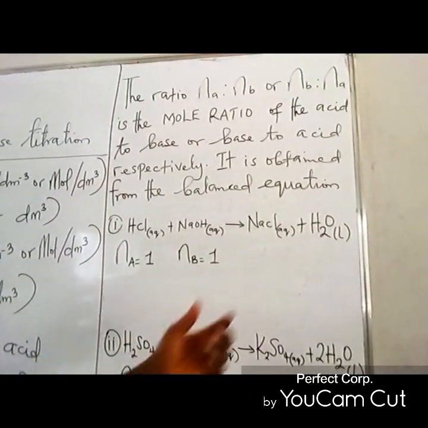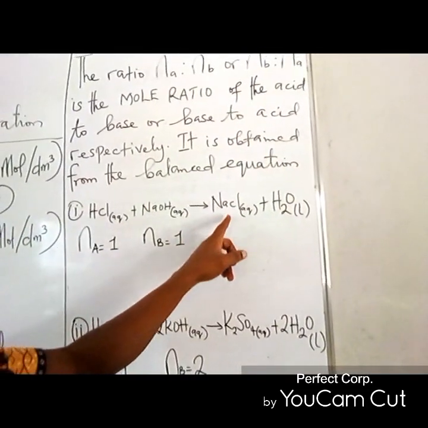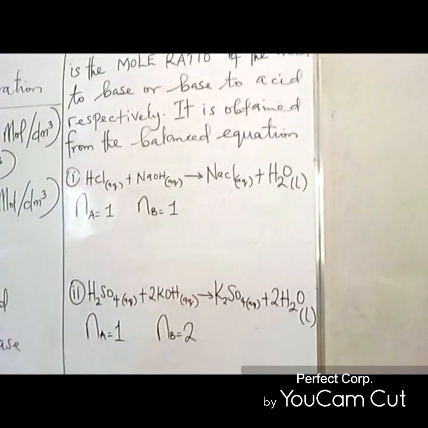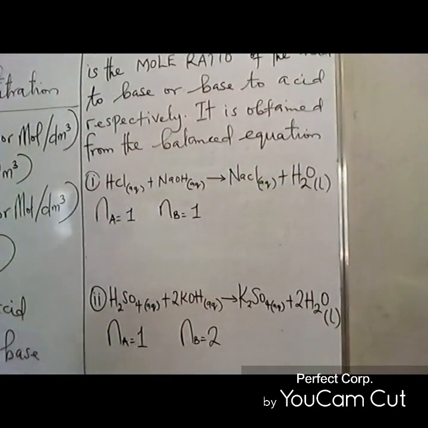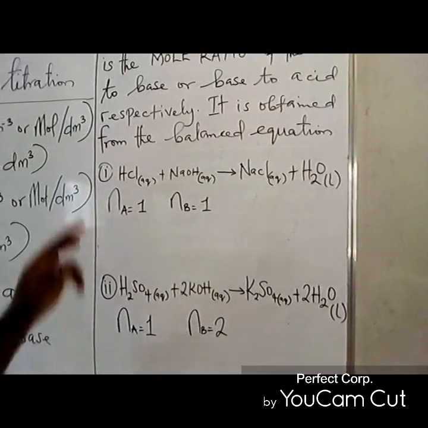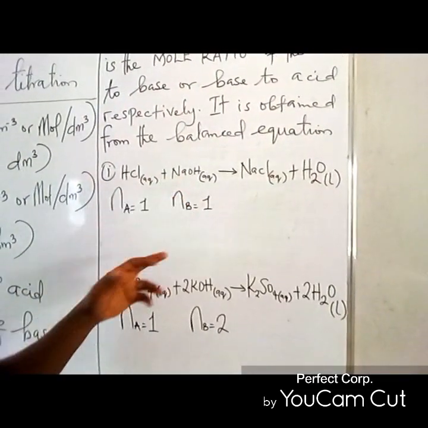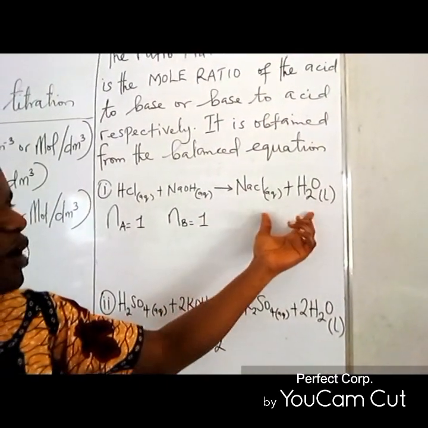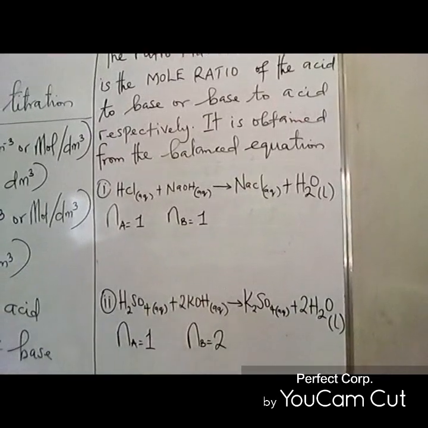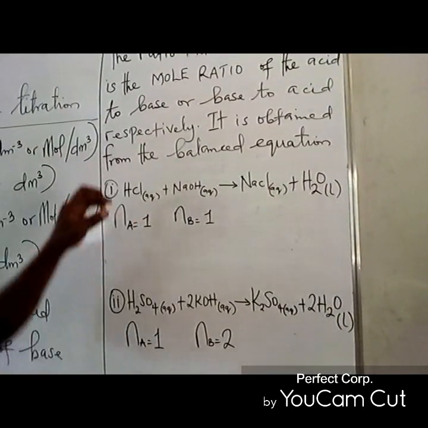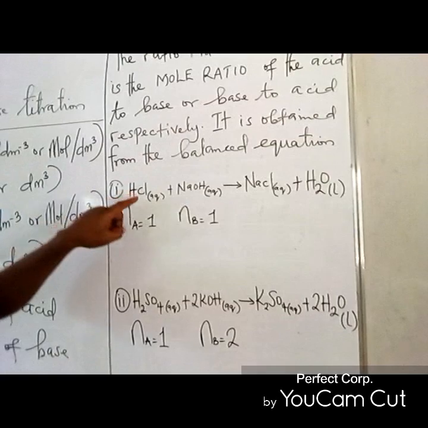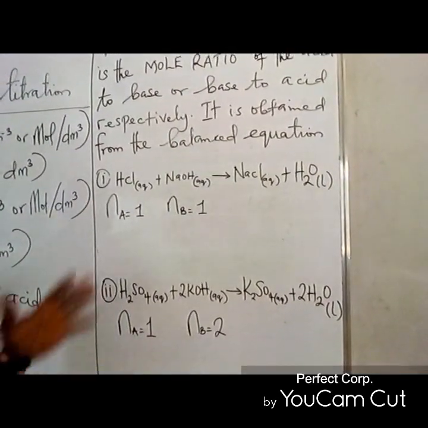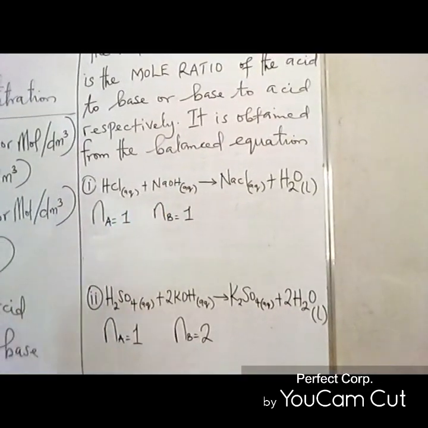And if you also take note, looking at the product, we have sodium chloride and water. Like I said, in the questions, you will be given two reagents, acid and base. You will not be given salt and water. So that's why we are not looking for the number of or amount of salt or water here. So I'm basically dealing with these two, hydrochloric acid and base. So that is how you are going to bring out the number of acid and the number of base.